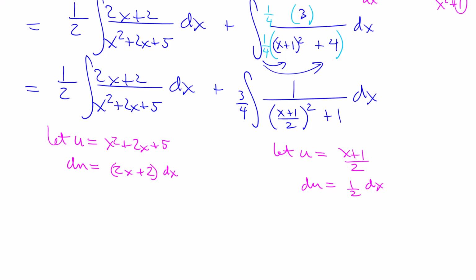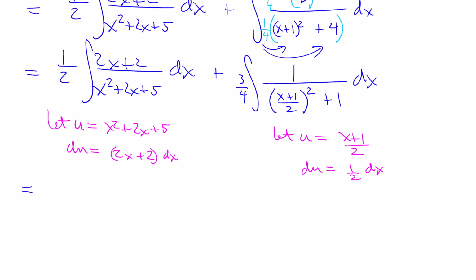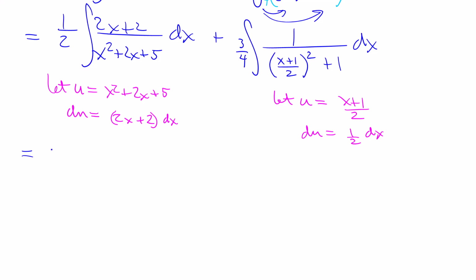Let's take another step to rewrite these now with their substitutions in place. For our first integral, we've already done the work a long time ago to get the numerator to be the derivative of the denominator. So if you do the substitution on that, as listed here, we should end up with 1/2 times the natural log of the absolute value of x squared plus 2x plus 5, and then plus, so that antiderivative is done there.